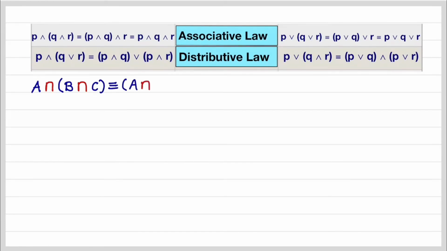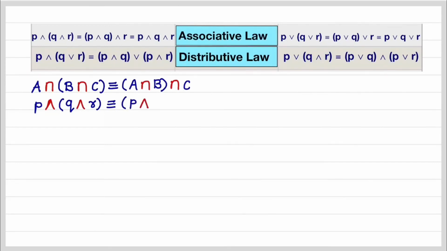To obtain the associative law in logic, we have to replace intersection by conjunction or AND. That means (P and Q) and R is equivalent to P and (Q and R).